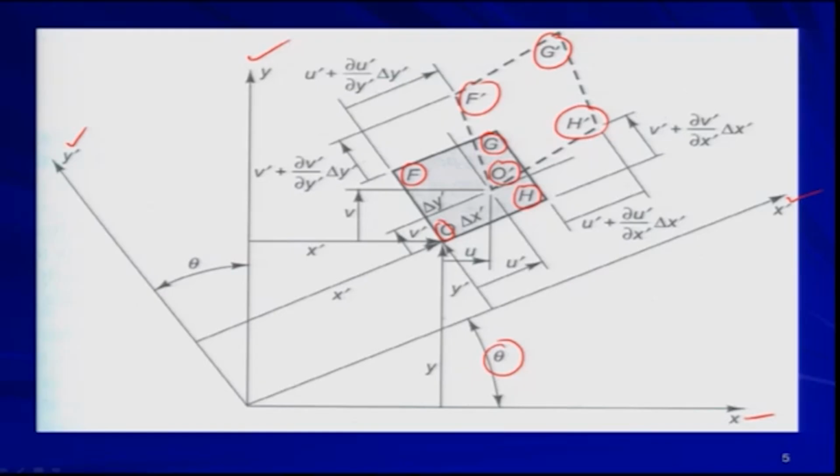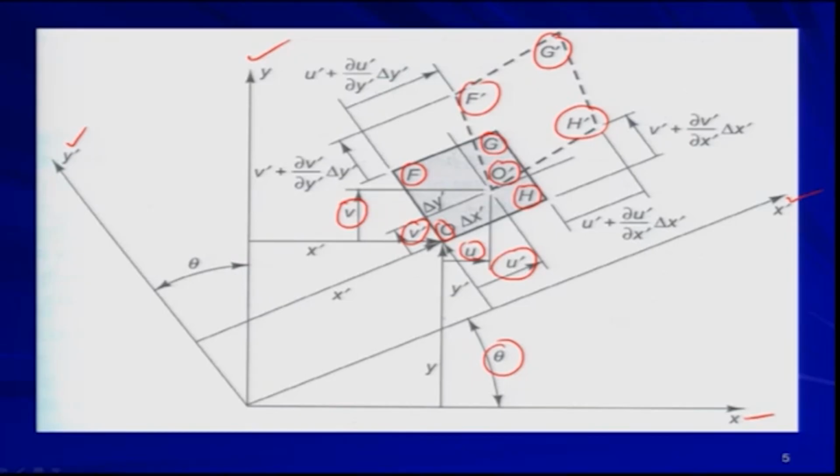U is the displacement vector along the x direction, and if you transform it into the x prime direction, that will be U prime. Similarly, V is the displacement vector along the y direction, and that will be transformed to V prime in the y prime direction. So this is basically the transformation; you need to know how to transform the axis.